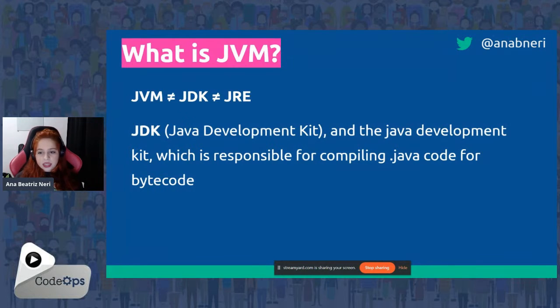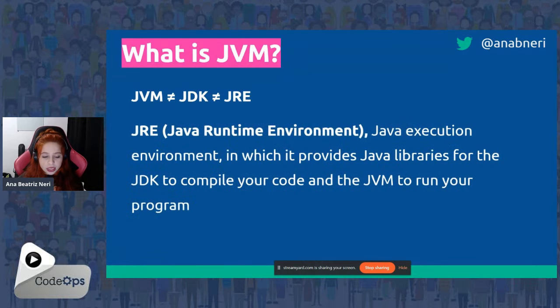The first thing to understand is the difference between JDK, JVM, and JRE. I am explaining this difference for you, okay? The JDK, or Java Development Kit, is responsible for compiling .java code into bytecode, and it is the package you install with the Java language. Then we have the JRE, or Java Runtime Environment.